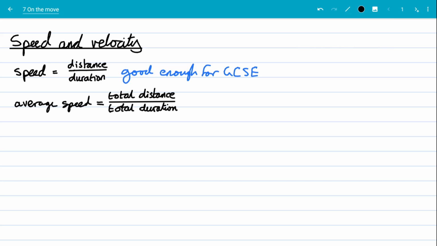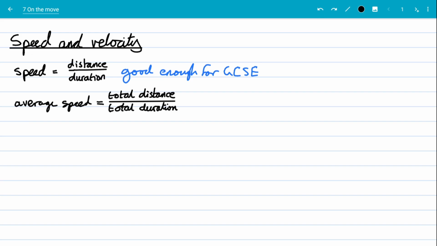So let us suppose that we have a graph. Let's make it quite small so we can fit everything on, and it's only going to be a quick sketch.